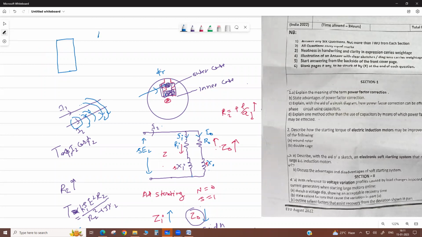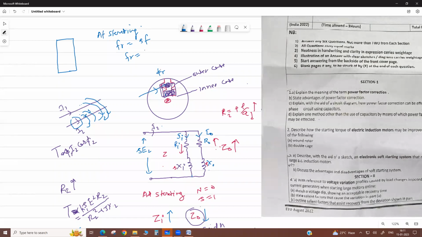So at starting, or you write this way, at starting, rotor frequency equals slip times supply frequency. Slip is 1 means at starting rotor frequency... This you can write.